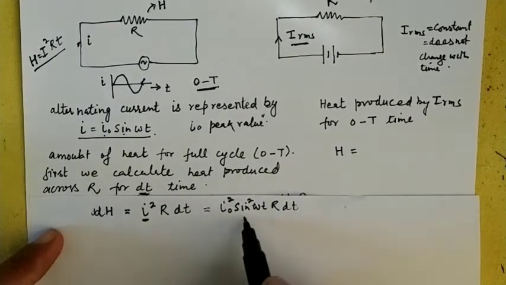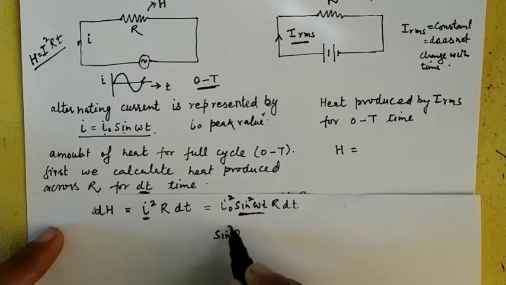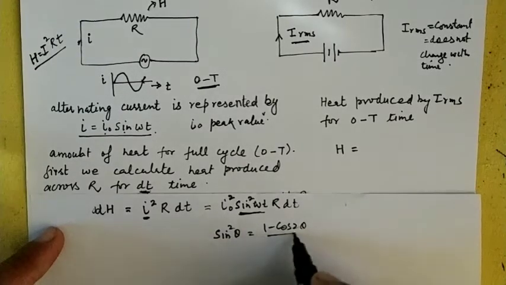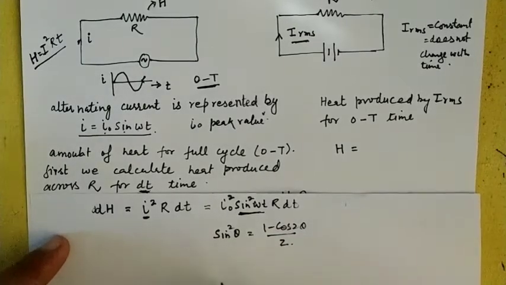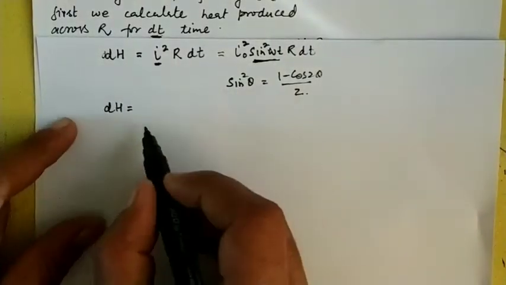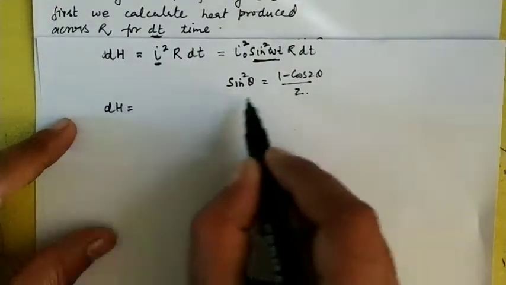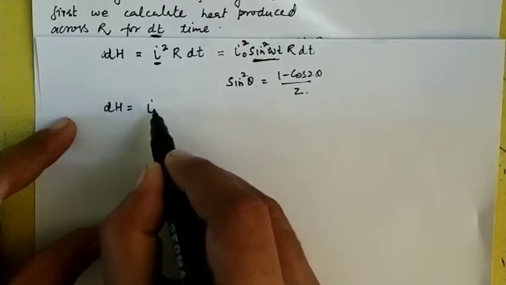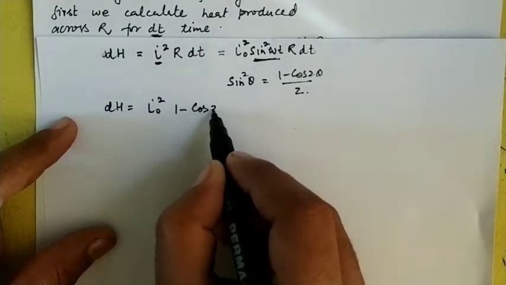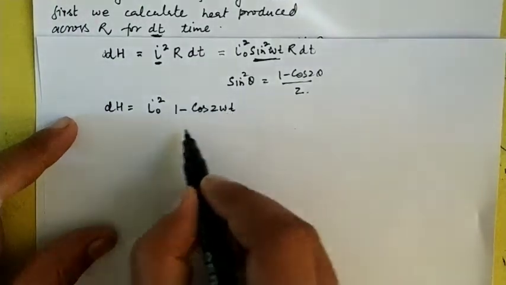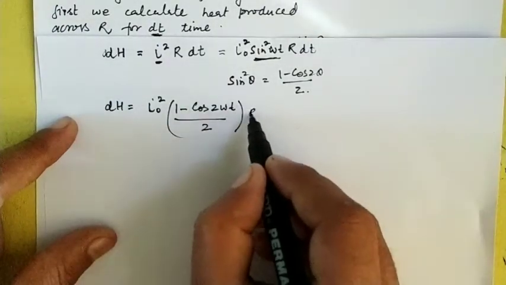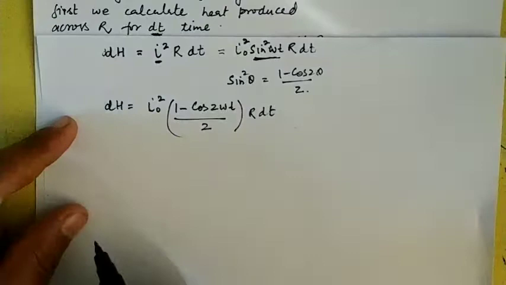Now we know that sine square theta is equal to 1 minus cos of 2 theta divided by 2. If we put this value in this equation, what we get is that the amount of heat produced will be equal to I naught square into 1 minus cos of 2 omega t divided by 2, R dt.